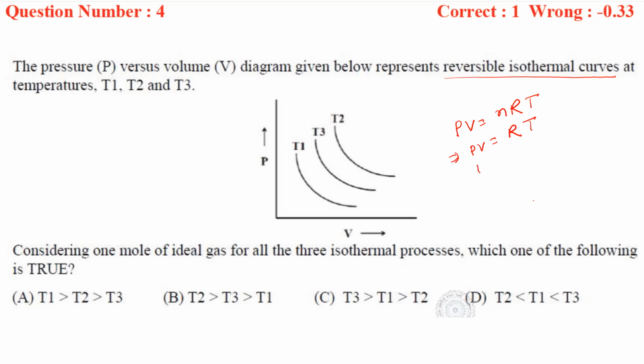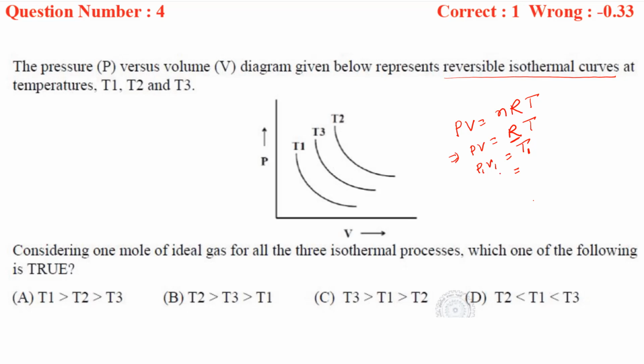So if you see, P1 V1 is equal to R times T1, R being a constant. Suppose you increase the temperature to T2.